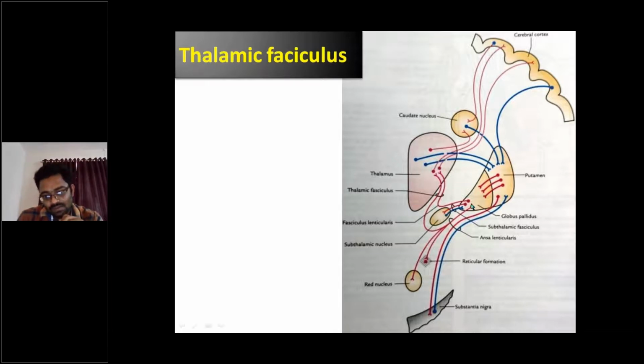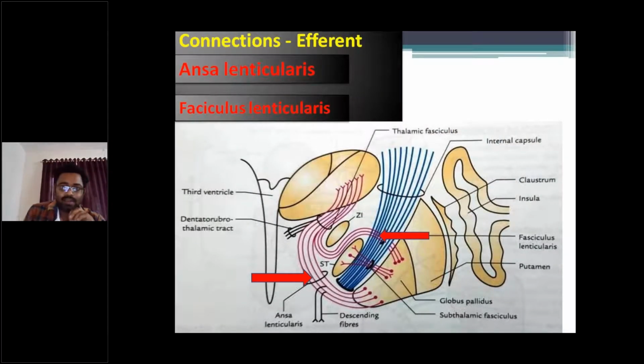As seen in this picture, the efferent connections are very important. The efferent component is mainly globus pallidus. So efferents arise from globus pallidus in the form of two bundles, ansa lenticularis and fasciculus lenticularis. Ansa lenticularis arises from globus pallidus and forms the loop around the posterior limb of internal capsule. Fibers passing through the internal capsule are called fasciculus lenticularis.